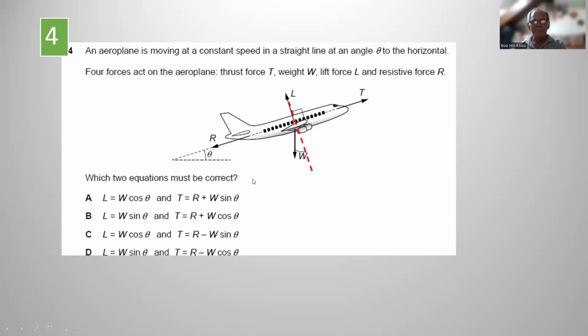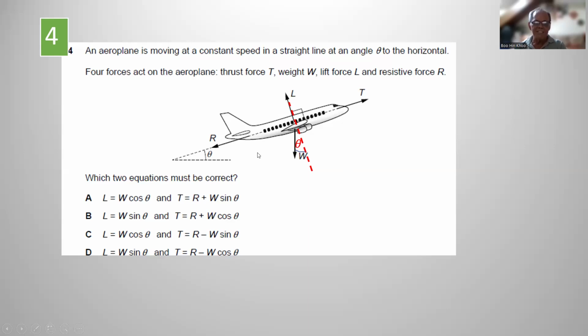Look at it. Right? There's your line parallel to your lift. We resolve along these two perpendicular lines. At an angle to the vertical line, there's an angle theta.